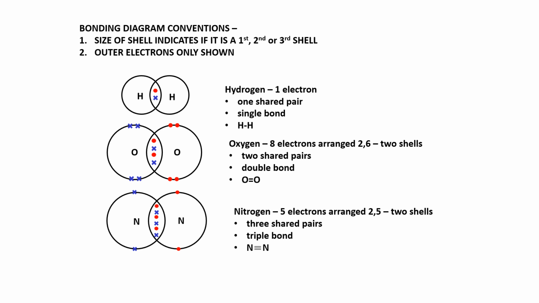Oxygen, you can see, has two shared pairs in the overlap. You would represent that as two black lines if you were drawing out oxygen in the displayed formula. Nitrogen has three shared pairs of electrons in the overlap. You would draw that out as a triple bond, three black lines.